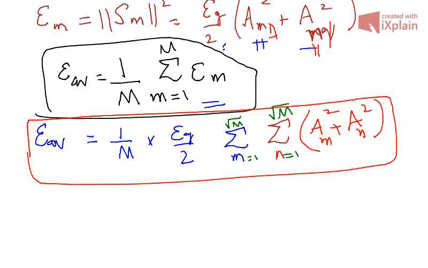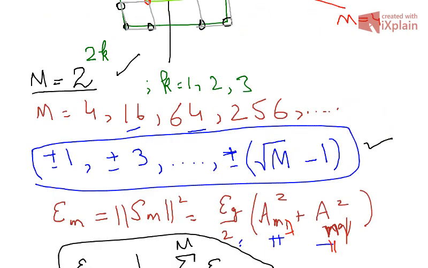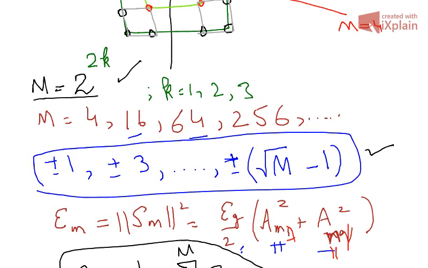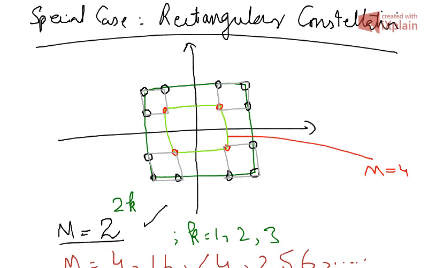So in the rectangular QAM, for example, just go back to your rectangular QAM. For example, QAM 16, just observe M equal to 16. If you observe M equal to 16, square root of M is 4, and you can see that any axis has only 4 different amplitudes, which I'll mention here.